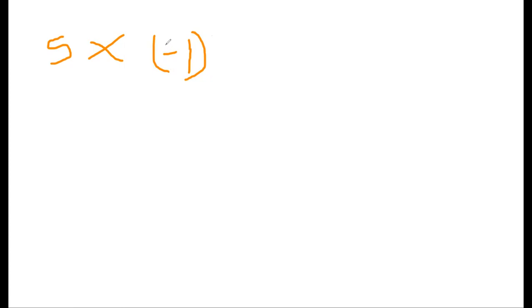You get the additive inverse. 5 into minus 1 is minus 5. Okay, so absolute value does not work here; it works for positive numbers, but in additive inverse, positive becomes negative, negative becomes positive. That's it.